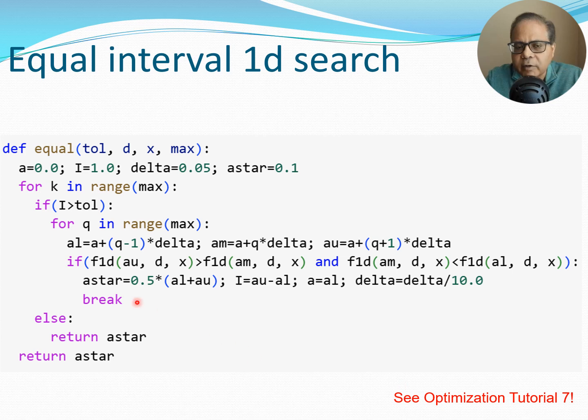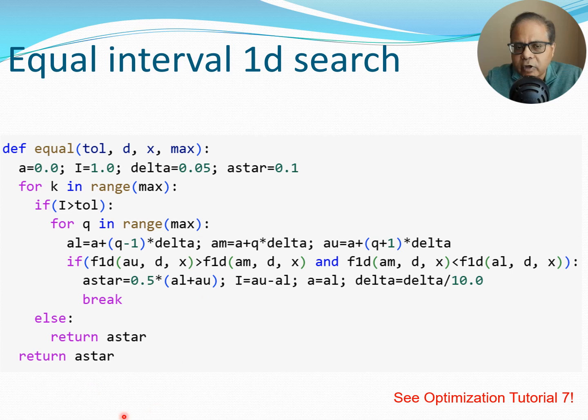And once I have obtained that bracket, I can get a star as the mean value of the lower and upper bound. I can get i as AU minus AL, and I can then give the new value of A or alpha as the lower bound, and of course I further divide the interval I am using. So I am using here delta by 10.